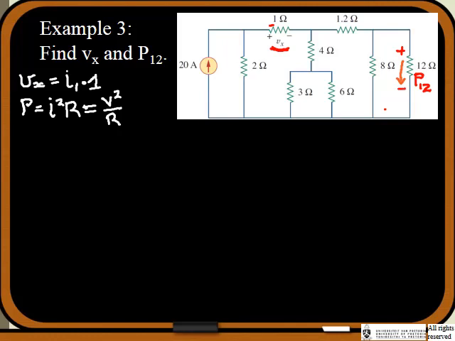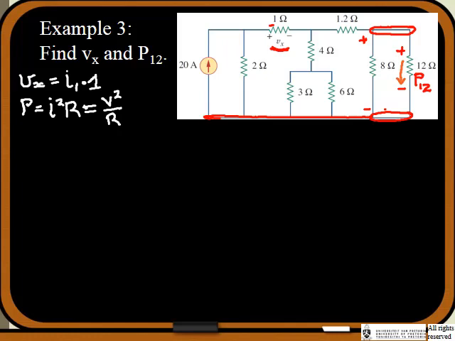But now notice something about the 12 ohm and the 8 ohm resistor. They're connected to the same node at the top, and they're also connected to the same node at the bottom, which is effectively just one big node. So the 8 ohm and the 12 ohm are connected in parallel, which means that the voltage drop across the 8 ohms is the same as the voltage across the 12 ohms.